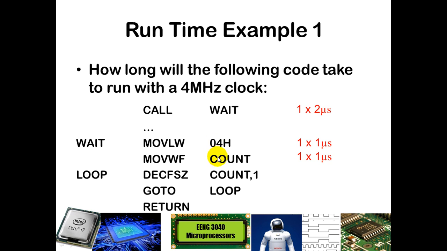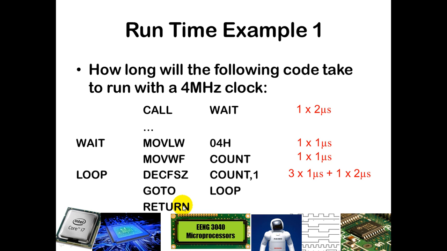Our count is initialized to 4, so we start at 4 decrementing to 3, that's once, and we go to the loop, we don't skip. Then we are at 3, decrementing to 2, that's twice, and we didn't skip. Then we're at 2 decrementing to 1, that's 3 times, and we didn't skip. And then we're at 1 decrementing to 0, and that time we will skip.